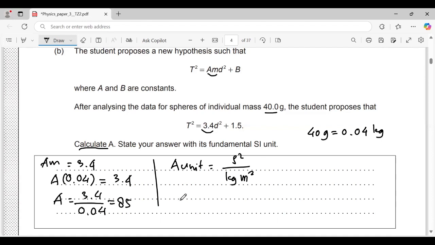So it means A equals 85 kilograms to the power minus 1, meters to the power minus 2, seconds squared, or 85 seconds squared, kg power minus 1, m power minus 2.